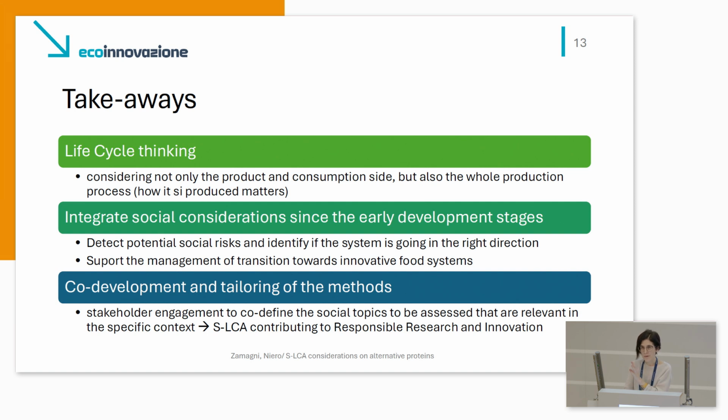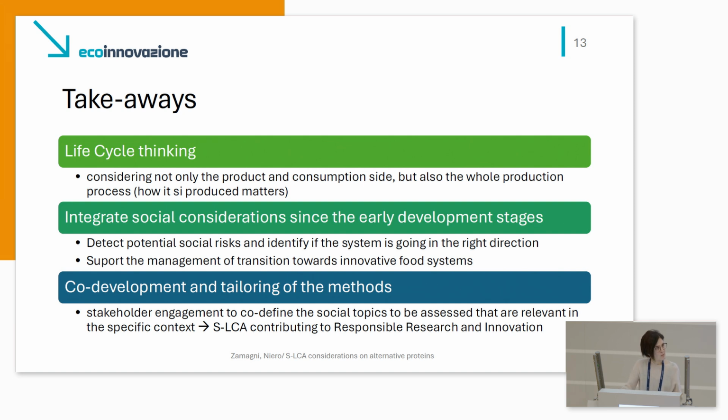We look not only at the consumption side, we look also at the production side. We look at each step of the life cycle, considering each stakeholder in every step of the life cycle. So this comprehensive view avoids unintended substitutions that might be detrimental, and ensures that the trade-offs are very well defined and clear, so the decision makers can understand how to manage them.